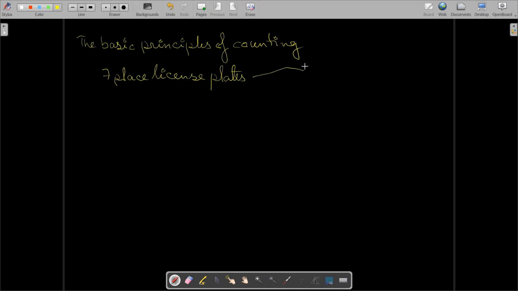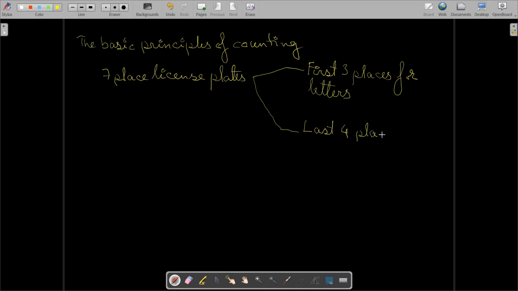The first three places of the said plate hold letters, whereas the last four places hold numbers. How many license plates would be possible if repetition among letters or numbers is prohibited?